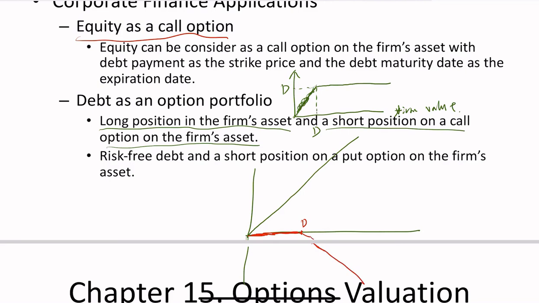And then if you combine these two curves, you will get a payoff curve looking like this. So this blue curve exactly looks like the curve here, right? So this tells you that debt can be considered as an option portfolio with a long position in the firm's asset and a short position on the call option on the firm's asset. And then for the second result, you can do the same experiment and you will find out, yes, this is correct.